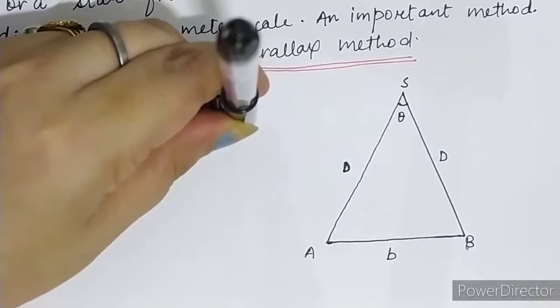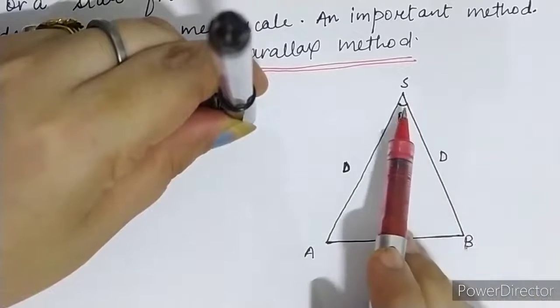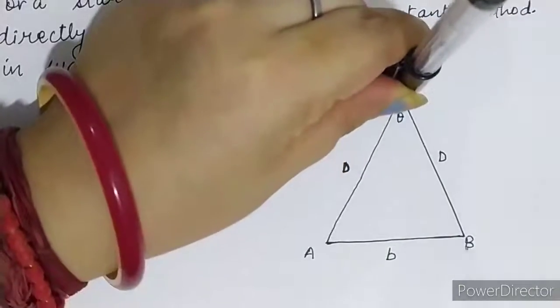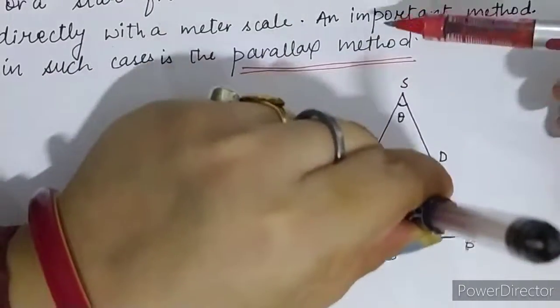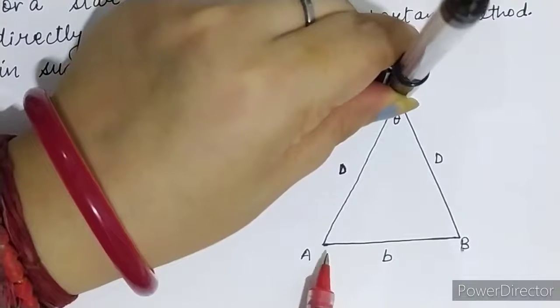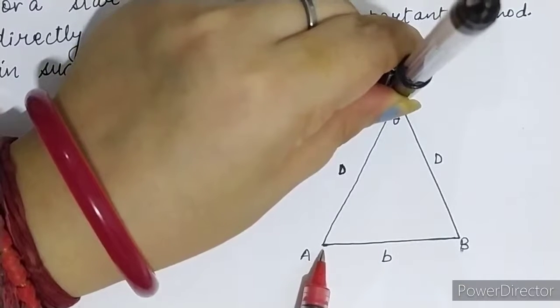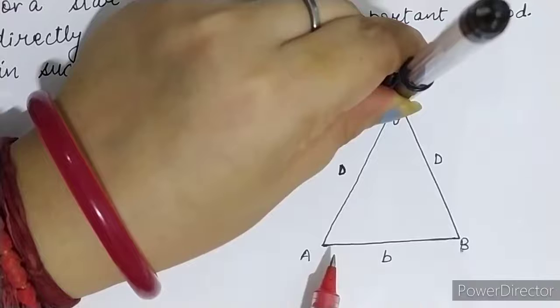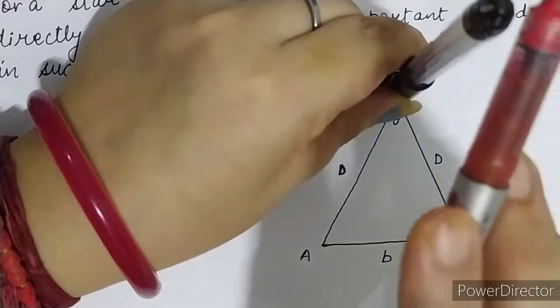So here I am denoting, suppose at the point S I hold a pencil or a pen, and in the background there is a wall. From my left eye, which I am denoting as point A, I close my right eye and have a look at this pencil first.